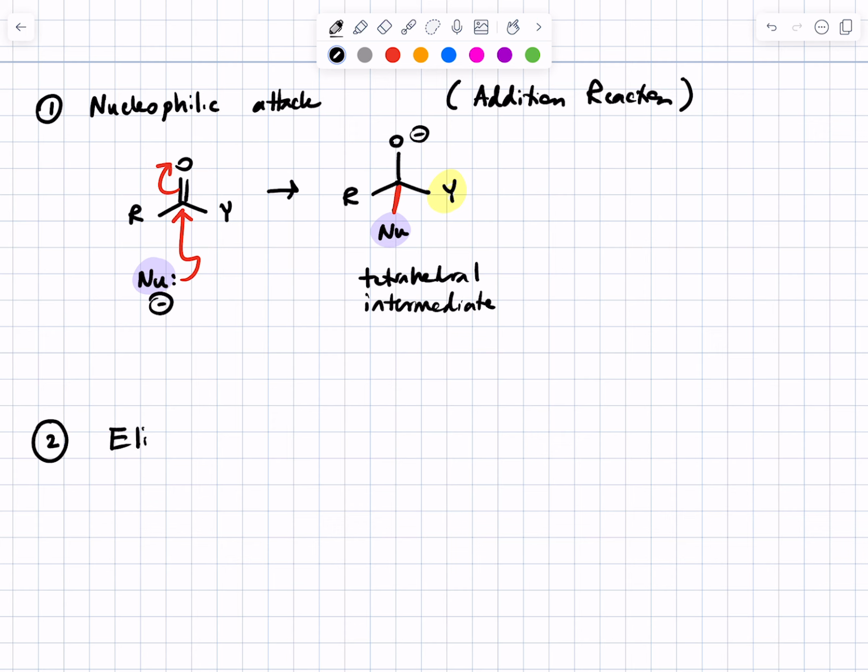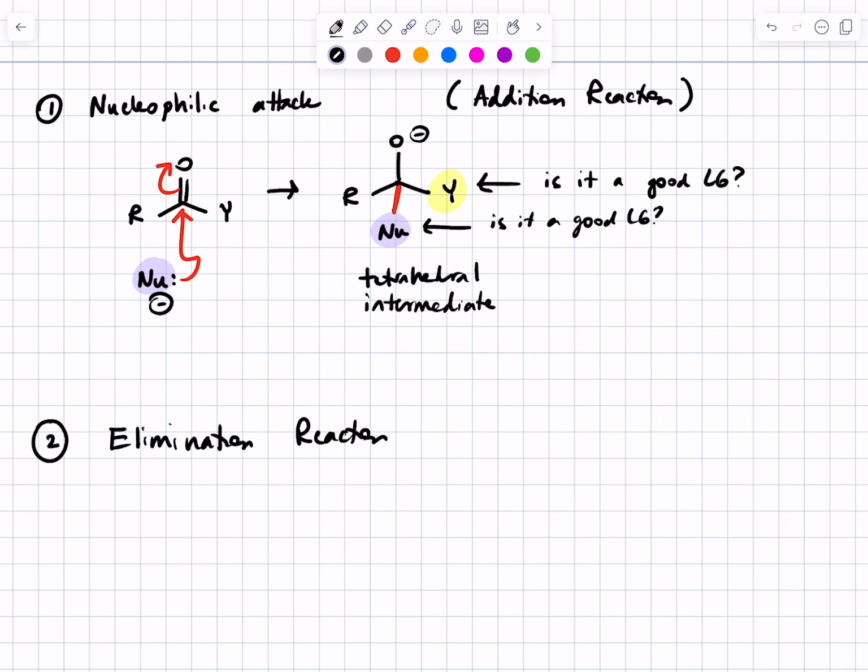The second is an elimination reaction. So keep in your mind this tetrahedral intermediate structure, and keep in mind that we have asked before about the Y group. Is it a good leaving group? We're going to ask the same question about the nucleophile. Is it a good leaving group?